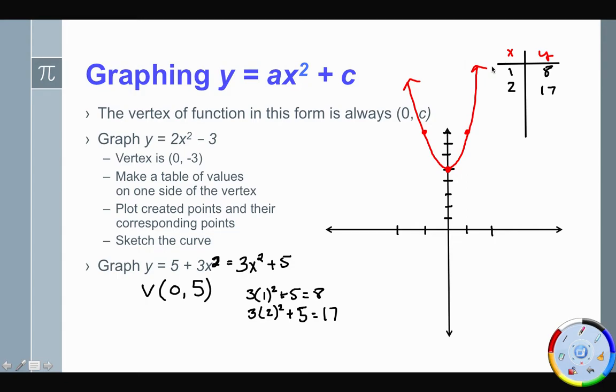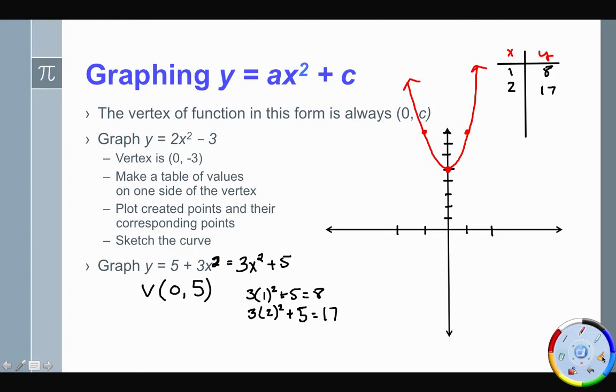And we know it's going to be way up here at 17 somewhere when x is 2. And there we have the graph of 5 plus 3x squared. All right, so that is the graphing for a quadratic function with no linear term.